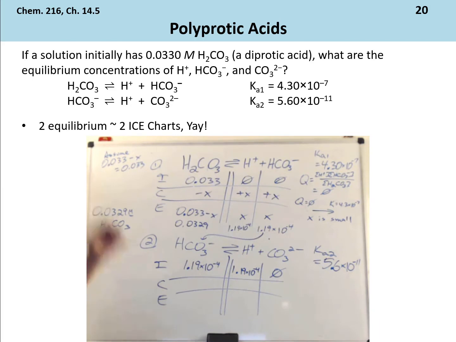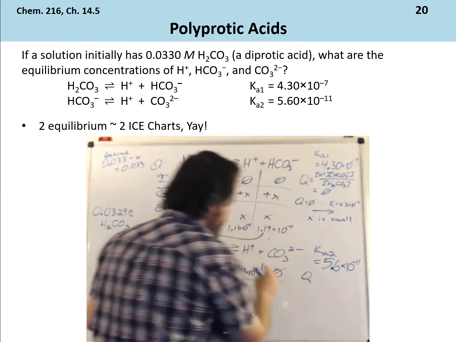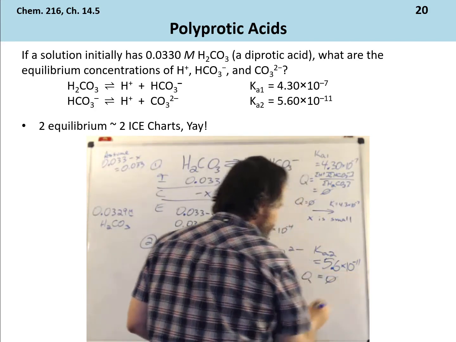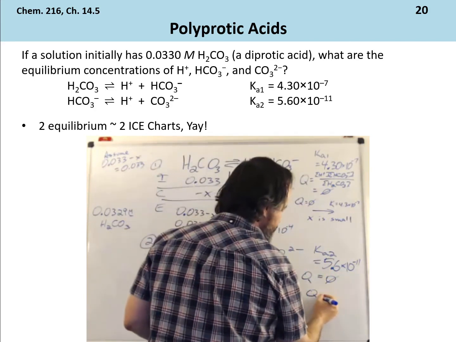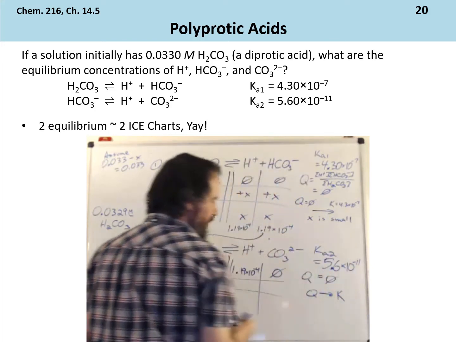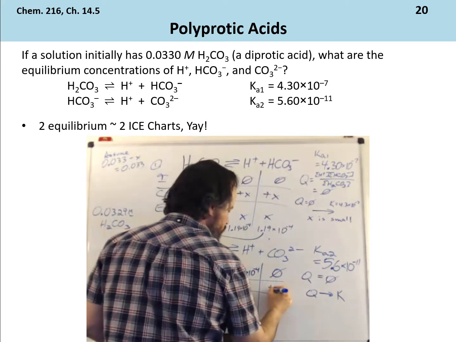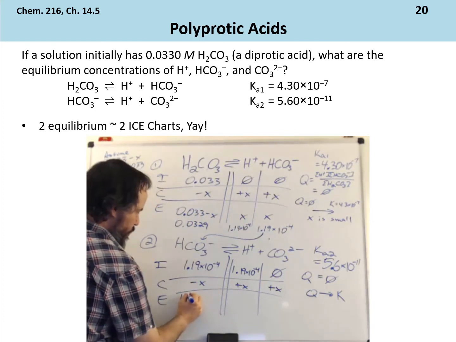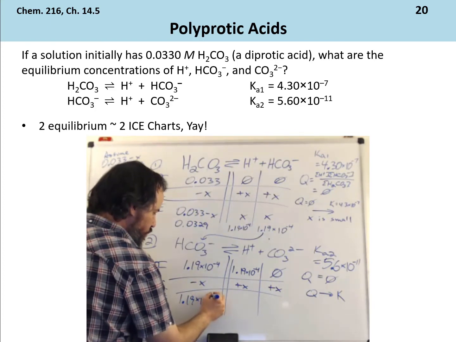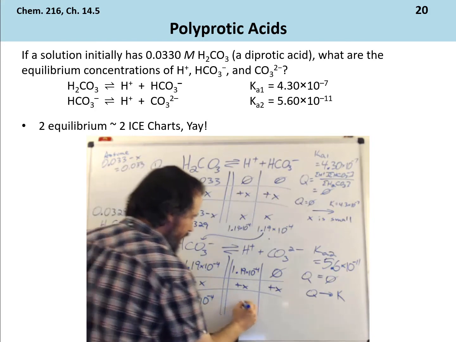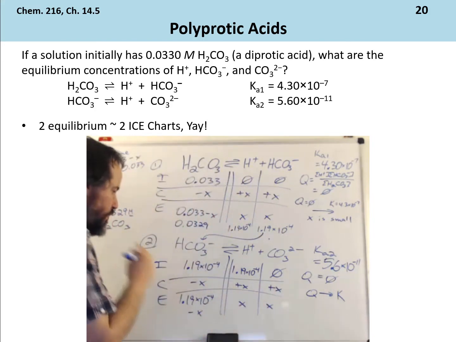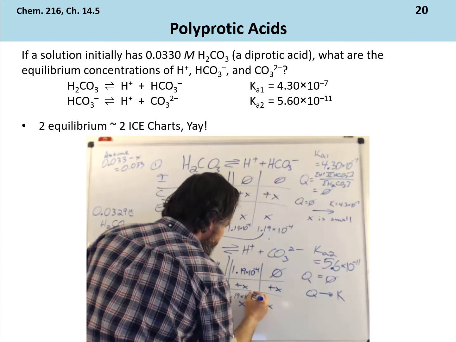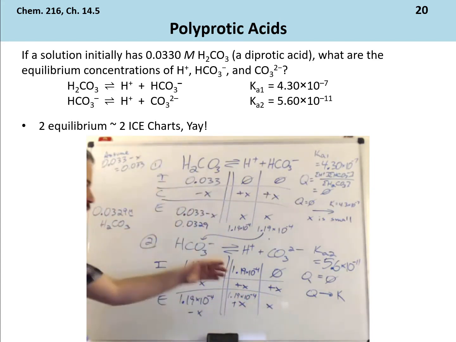So my Q is going to be this times this over this. Well, that's just going to be 0. My Q is 0, my K is slightly bigger, so it'll shift towards the right. So plus x, minus x: 1.19 times 10 to the minus 4 minus x, x, and x. Oh, sorry, 1.19 times 10 to the minus 4 plus x and then x.